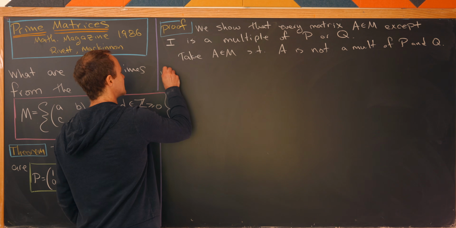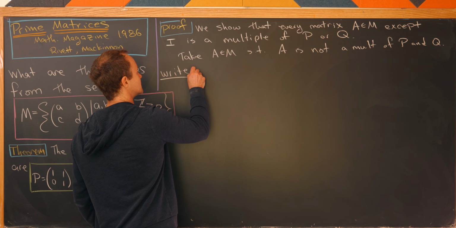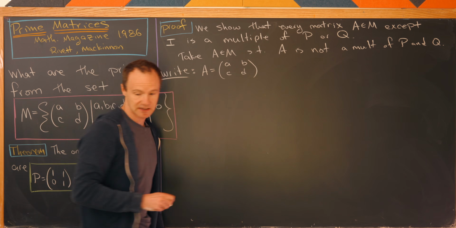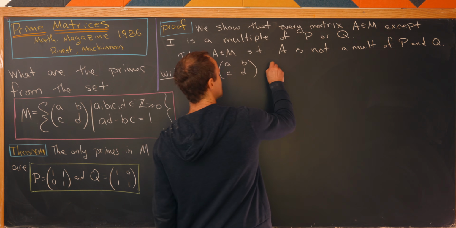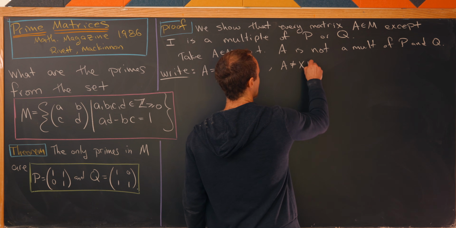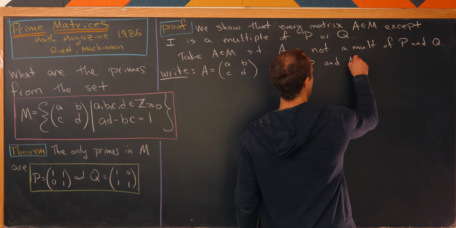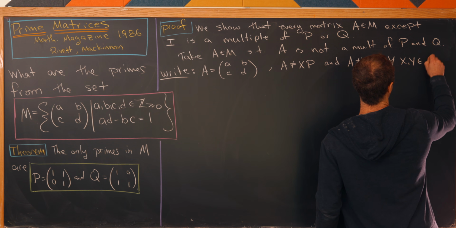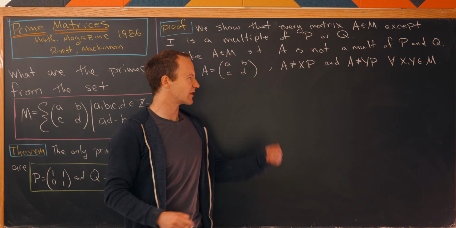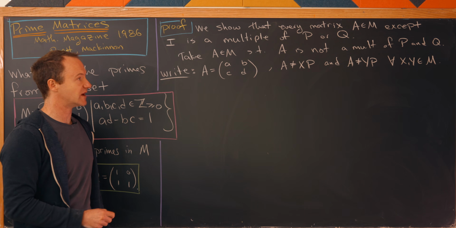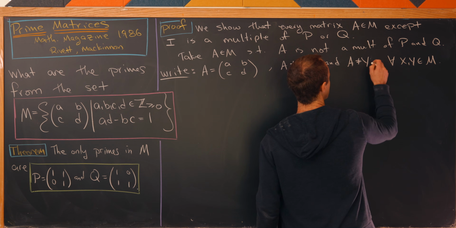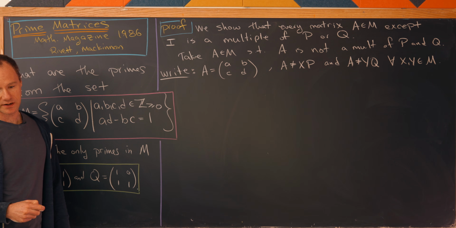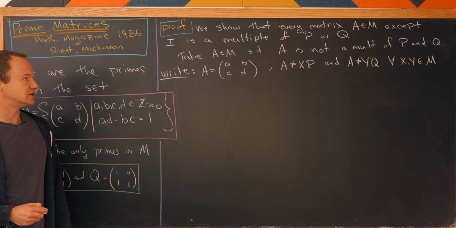Okay, so now let's introduce some notation for A. So we'll set A equal to the matrix A, B, C, D. And notice that our assumption is that A is not equal to X times P, and A is not equal to Y times Q for all X and Y in M. So in other words, if we let X and Y range over all of M and multiply into P or Q, we never get A. Okay, good. So let's see how we might do this.